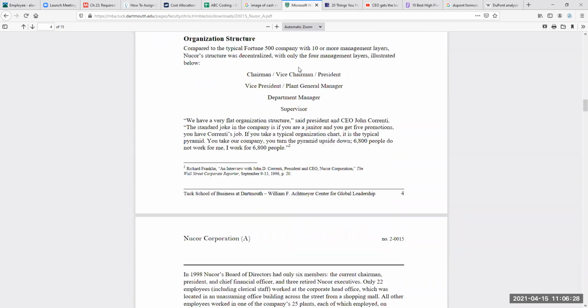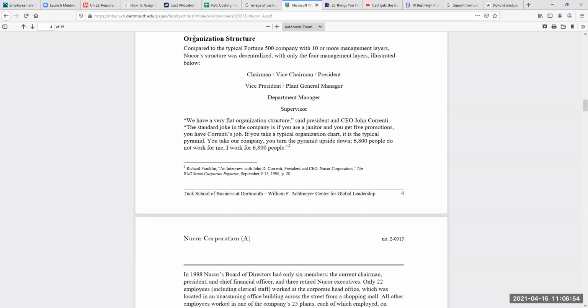Now, look, they're a very flat organization. Compared to the typical Fortune 500 companies with 10 or more management layers, Nucor's structure was decentralized with only 4 management layers. And I'll tell you right now, 10 years ago, when we talked about adding these deans at the school and vice presidents, I said, no, you have too many layers of management compared to business, but they did it anyway.